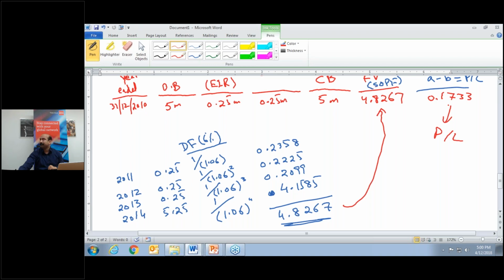This will be debited to the profit and loss account. So this figure will appear in the statement of financial position in two portions, one in the long-term assets and the other in the current assets, and this figure will go as a finance income in the profit and loss account.